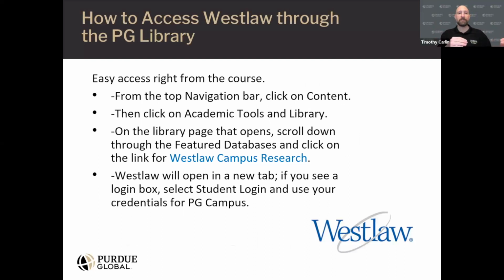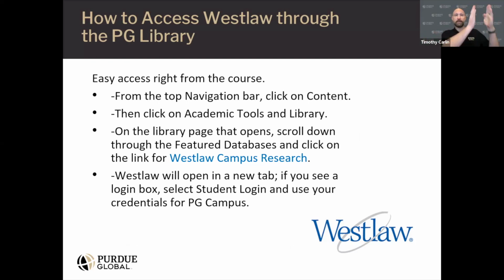Now, I briefly mentioned this before, but if you go to the course, there are multiple ways to get to it. I briefly explained going to the campus homepage, but if you're within your course, like your LS 204, for example, that's the Introduction to Legal Research and Writing course, you click on content, in the upper left-hand side.